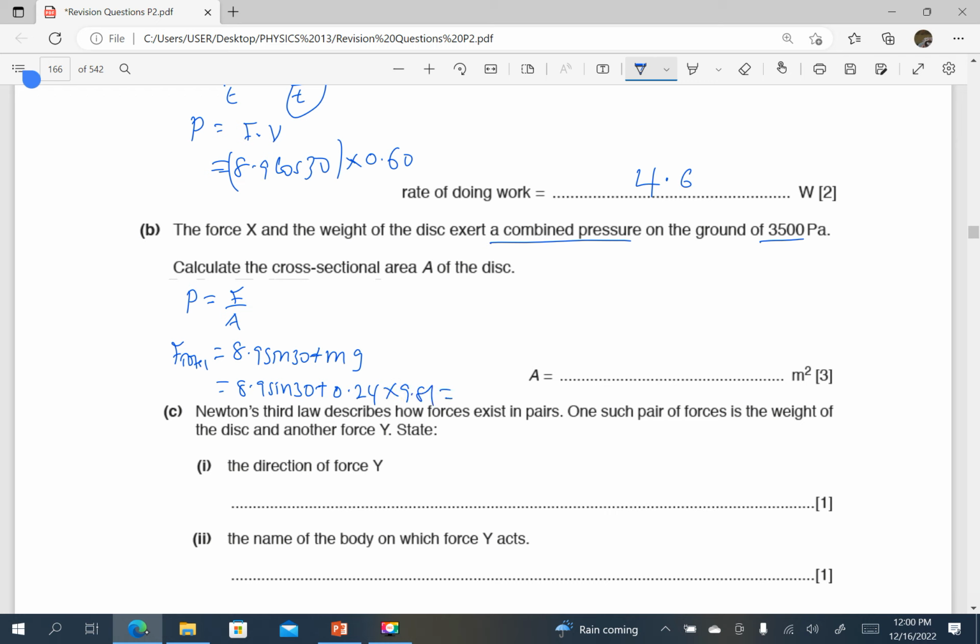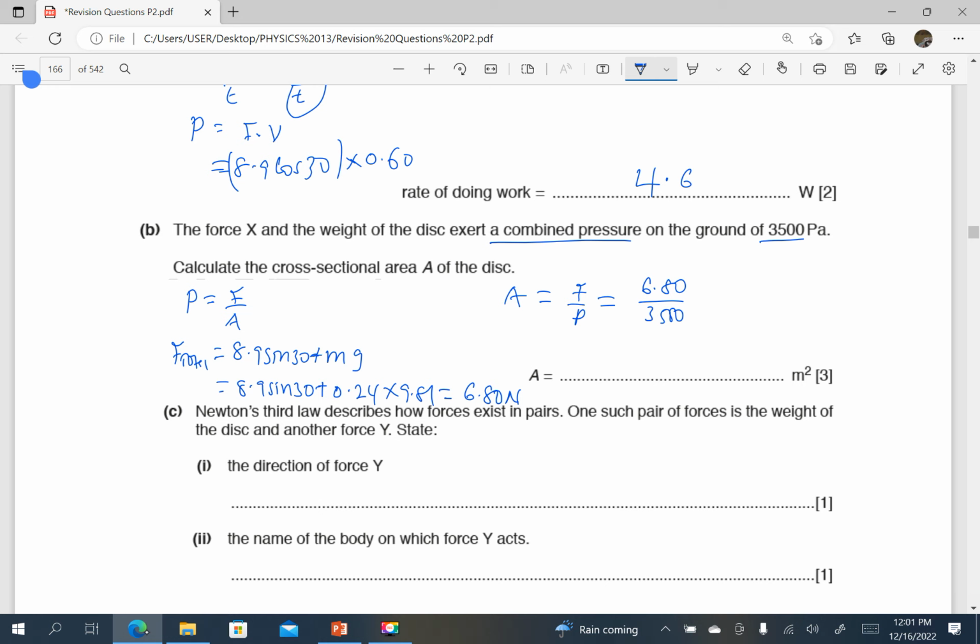8.9 sine 30 plus 0.24 times 9.81. So the force exerting a pressure is 6.80 newtons. That is the force. So it means area is going to be the force divided by the pressure, which is 6.80 divided by 3,500.